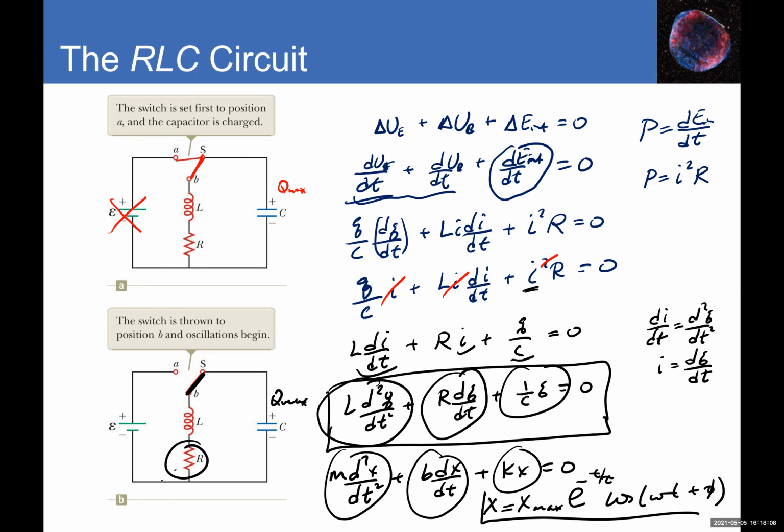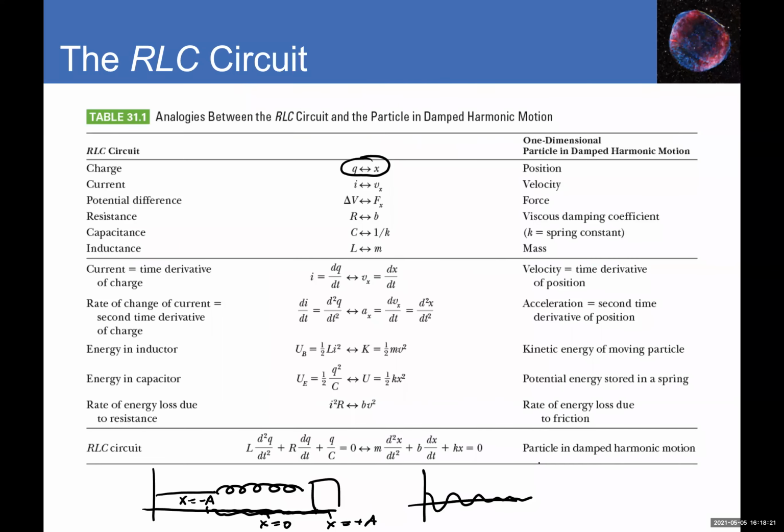Because of the resistor, you can never recover the same amount of charge again. So it still oscillates a little bit, but it will never come back to the same maximum value. So that's why Q is similar to X, and I is similar to the velocity, because velocity is the time rate of position and the current is the time rate of Q.